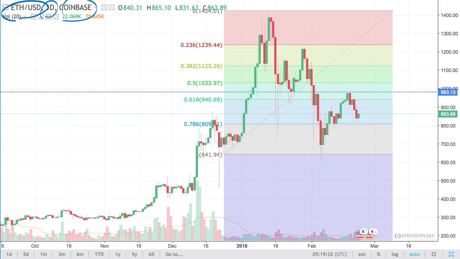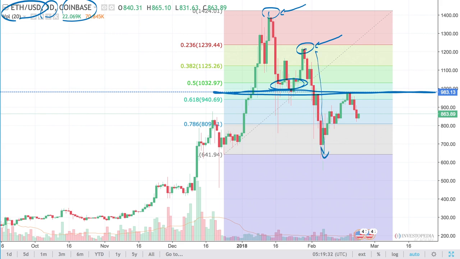This is early 2018. You'll notice that Ethereum peaked at around 1,400 and then dropped to about this 50% retracement level on the Fibonacci numbers before bouncing, but then the 23.6% ratio acted almost as a resistance level. Again, this is a classic head and shoulders chart where the head happened at 1,400, you had a right shoulder around the $1,200 level, and then the neckline, which was once support, was quickly broken, and that led to lower prices.